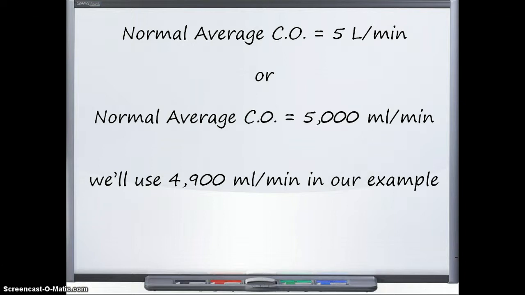But for this lesson unit, I'm going to use the figure of almost 5,000. I'm going to say that the cardiac output is 4,900 milliliters per minute. And that's just to make the mathematical calculations that we'll be looking at seem a bit simpler.